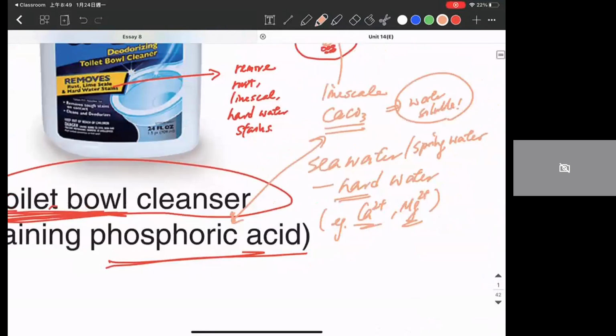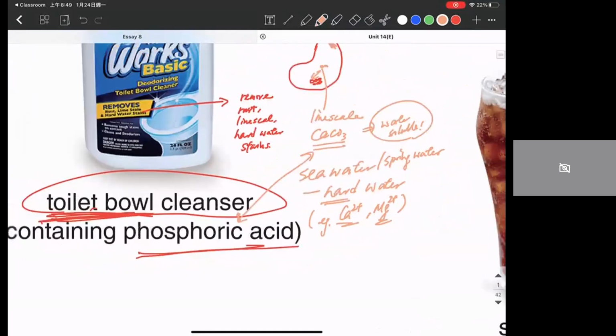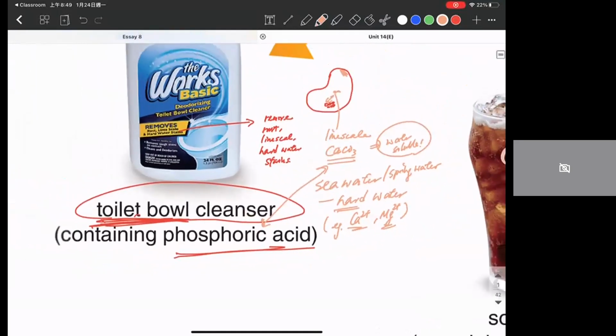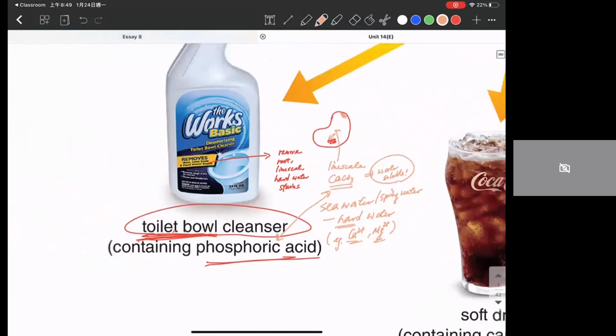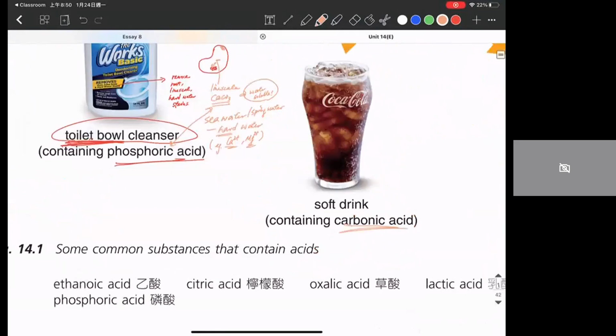So this is what I would like to tell you about the use of toilet cleanser. Okay, do you understand? So of course, somebody would think that even though I have got Coca-Cola, you say that carbonic acid, right? But have you ever heard of using Coca-Cola to clean the cooking utensils? Somebody may say yes, right?